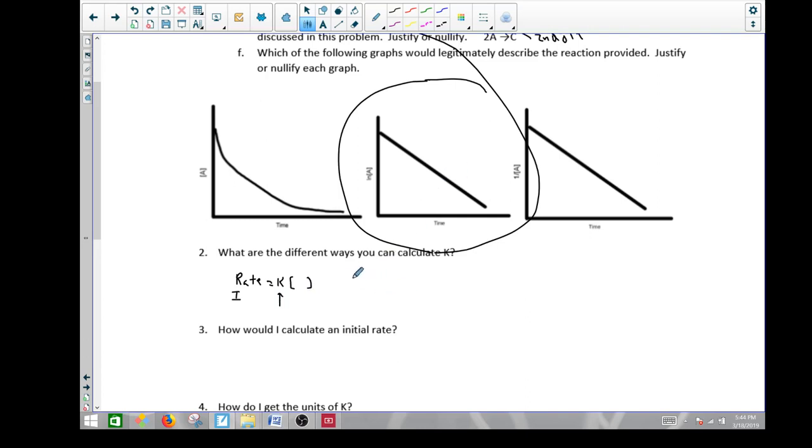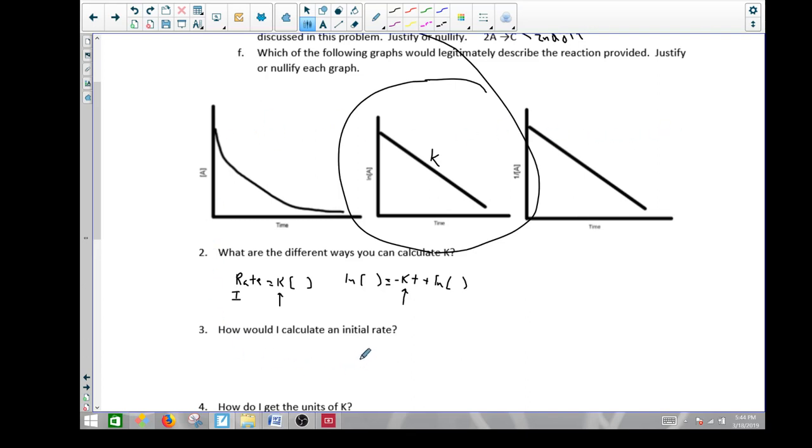For this one it would be natural log of the concentration equals negative Kt plus natural log of the initial concentration. And then solve for that guy. If it's a different order, you use a different equation. And finally, this graph, this slope is K. If this is zero order, which it wouldn't be, zero order has to be a straight line to qualify, but then for each of these graphs, the slope represents this.